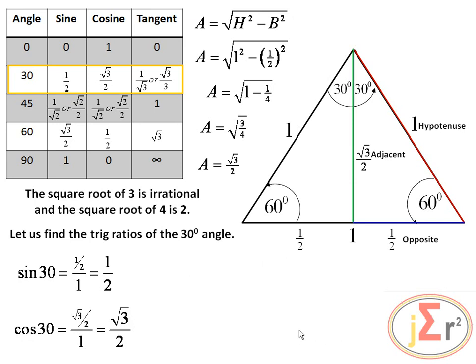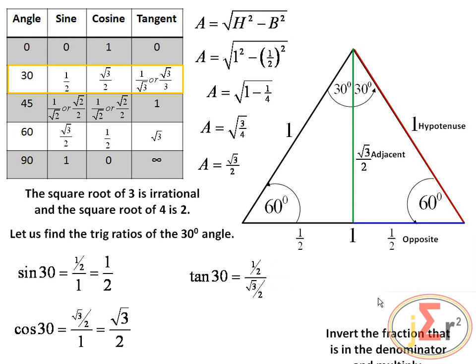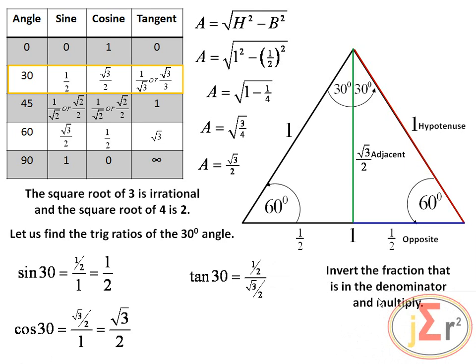And the other one, opposite over adjacent. Opposite, a half, over adjacent, square root of 3 over 2. Right. And we have a fraction divided by a fraction. We invert and multiply. So invert the fraction that is in the denominator and multiply. So we have a half multiplied by 2 over the square root of 3.